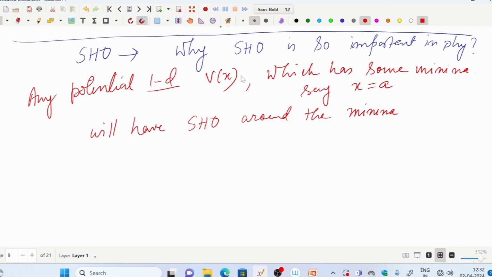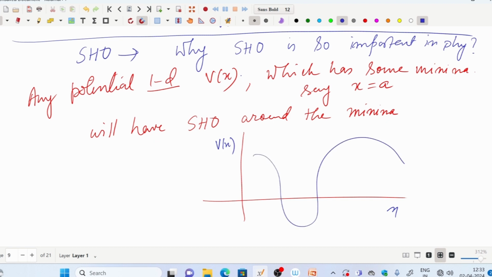Let me visualize this in more detail. Let us plot V(x) versus x, and suppose you have a kind of arbitrary potential. Now you can see that this potential has a minima here, say at x equal to a. Around this minima, if you consider small oscillation, you will find a simple harmonic motion.